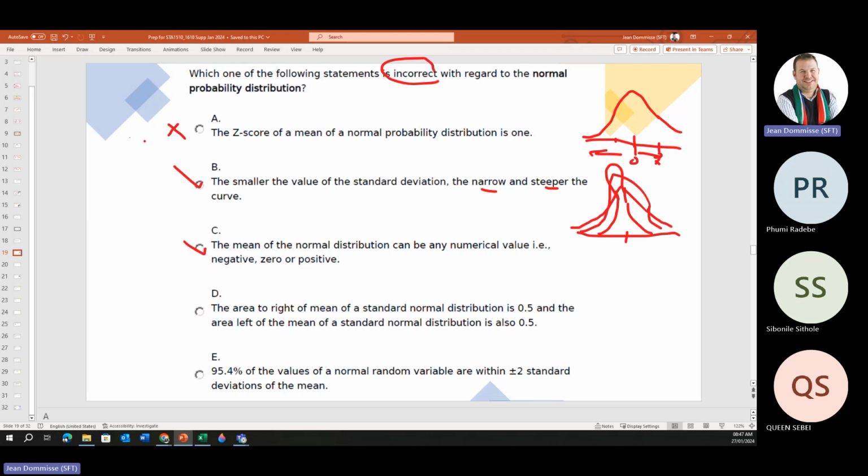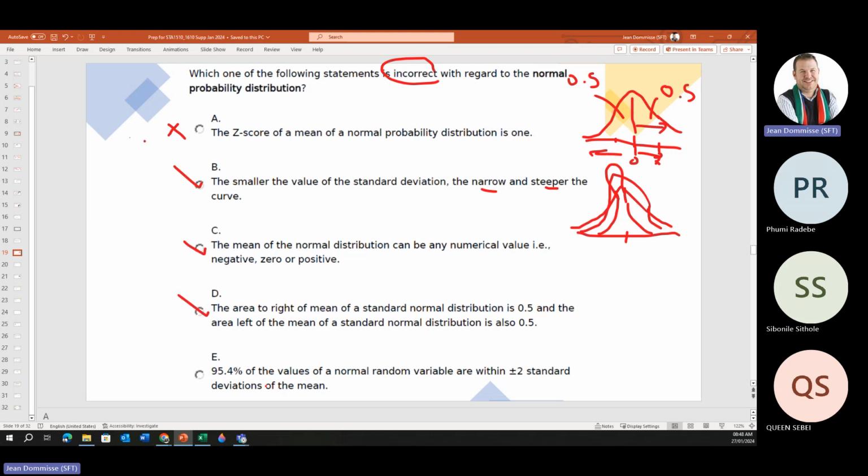The area to the right of the mean of a standard normal distribution is 0.5. To the left is also 0.5. So that is correct. Everything will add up to 1.